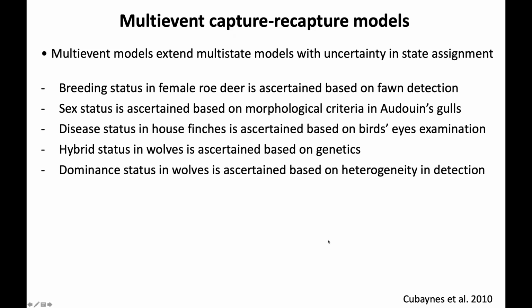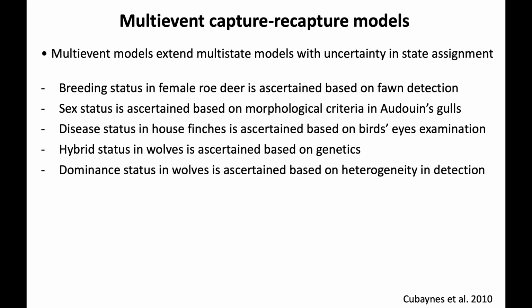And another example, and I think it will be my last example, in this paper by Sarah Kubain. Still in wolves, we love large carnivores. It's a social species where dominant status is very important, and it has an effect on demography.